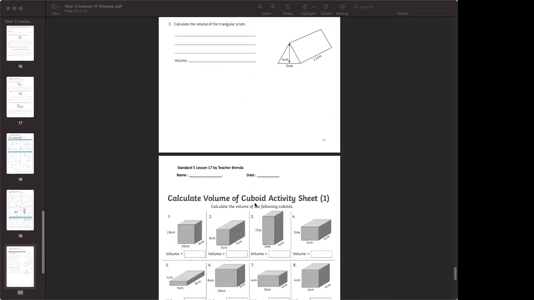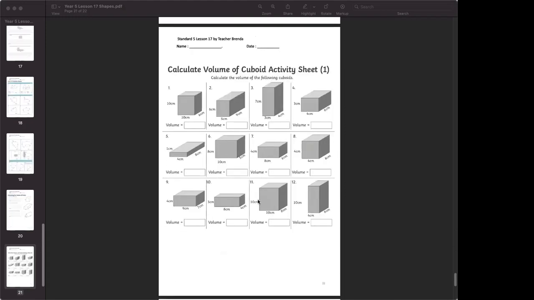This one we have done. And here you have more practice. Remember, height times length times width. In other words, area multiplied by the third dimension, the width. All this is called prisms.